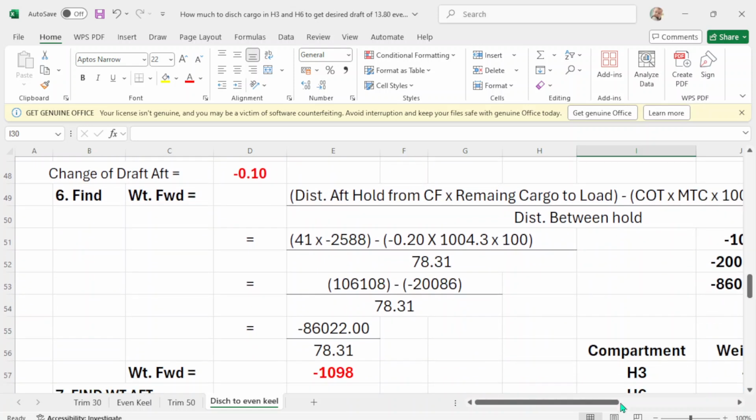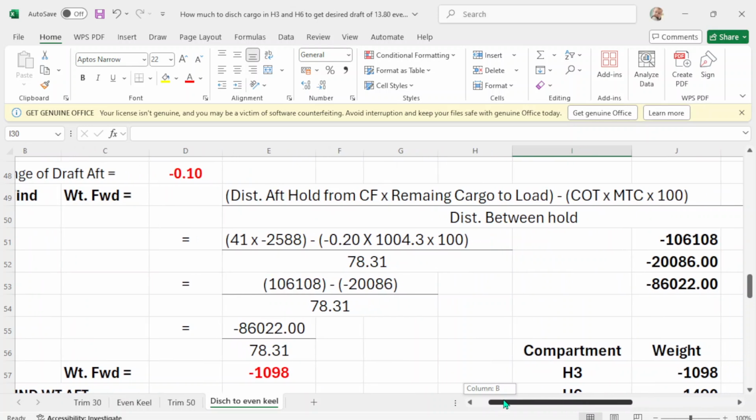So find what is the weight to be discharged in number 6. This is the formula: distance of the after hold, which is number 6, to the center of rotation times your cargo to be discharged, or here we say unload, just put here unload, discharge.